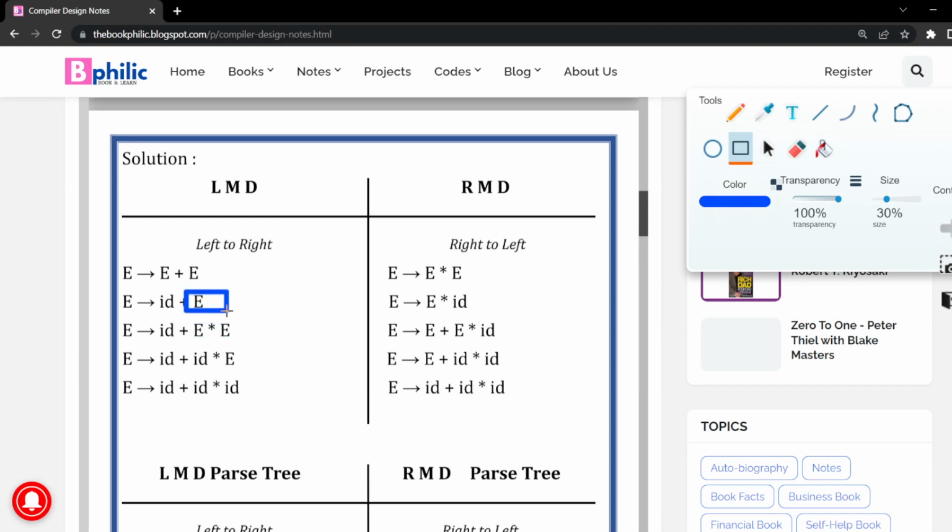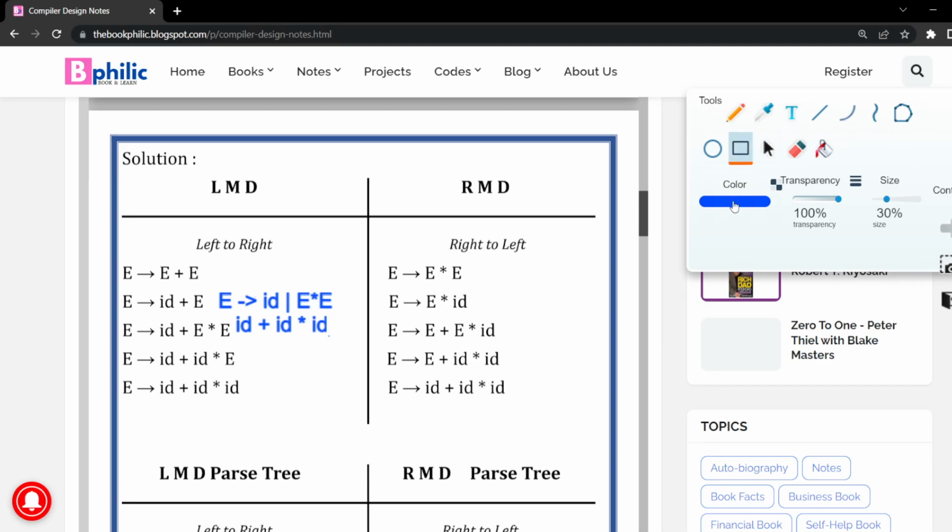There are two rules of grammar: either we can derive capital E into id, or we can derive it into capital E star capital E. We want to derive the syntax id plus id star id. This is the target.